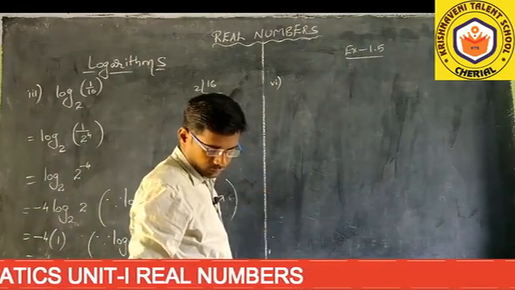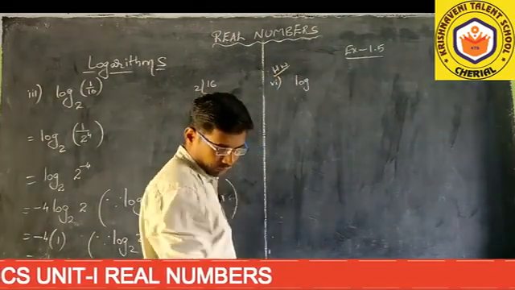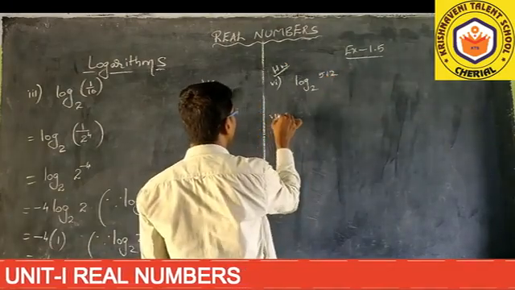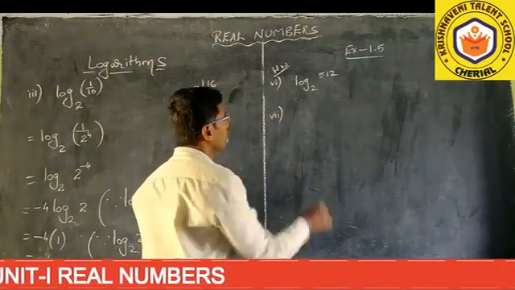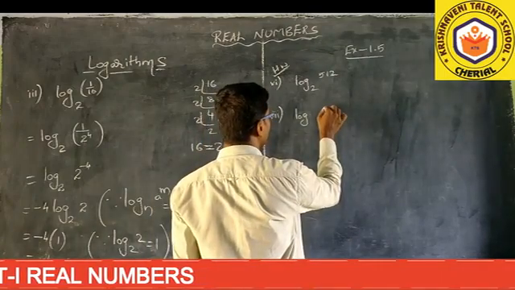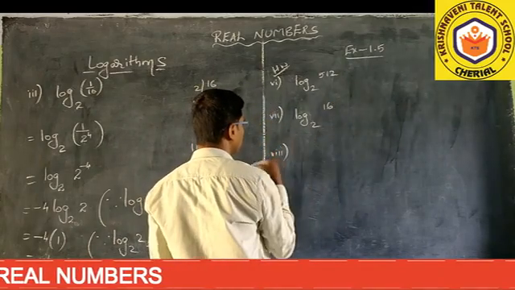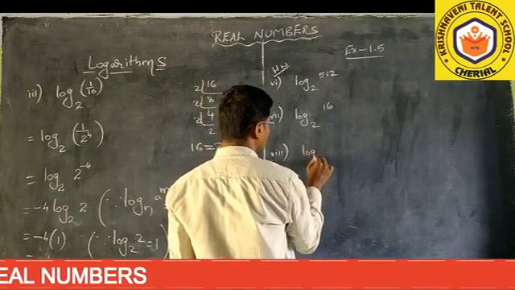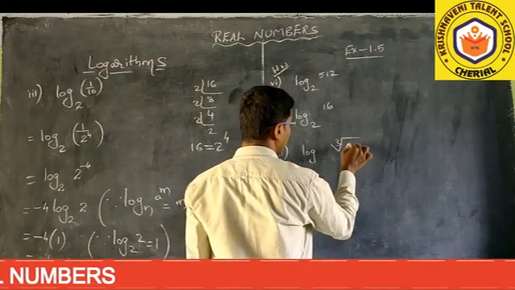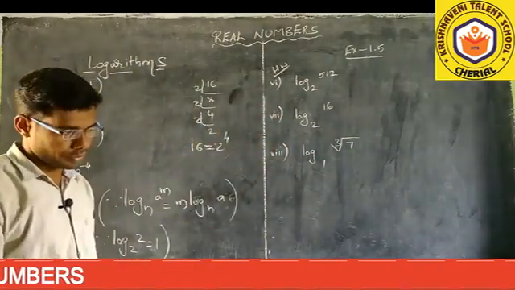The same way, you do this homework problem: log 512 to the base 2, log 512 to the base 2, log 16 to the base 2. You try these three problems.